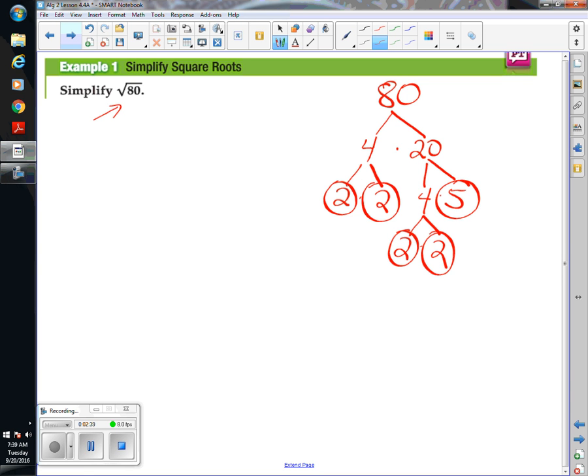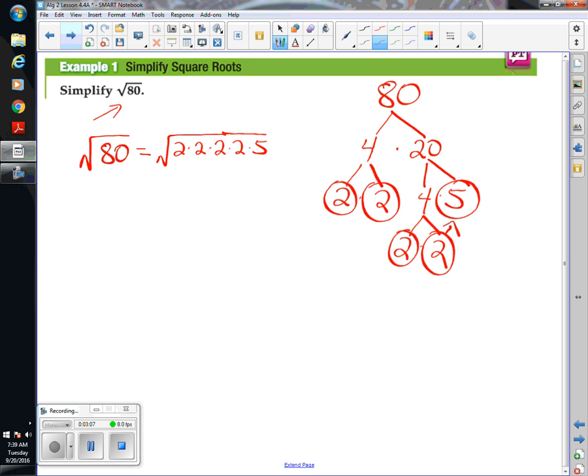So, when I'm looking at this, the square root of 80 is equal to the square root of 2 times 2 times 2 times 2 times 5.